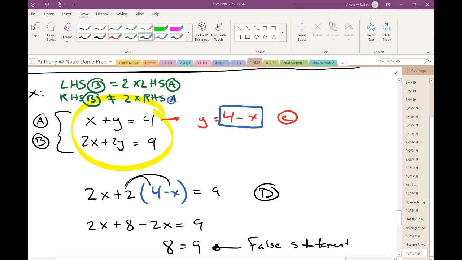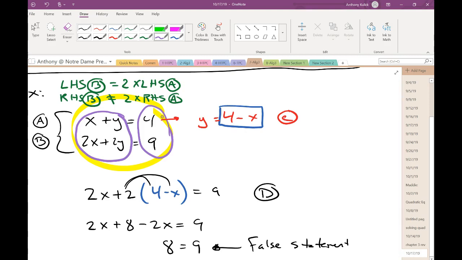What do we think those are abbreviating? It's left-hand side and right-hand side. So notice that just like the previous one, the left-hand side of B is 2 times the left-hand side of A. But if I look at the right-hand side, that's not true. That's enough to show that you're going to have no solution. Or, like we did in this problem, you could do the substitution and get a false statement. That's fine as well.